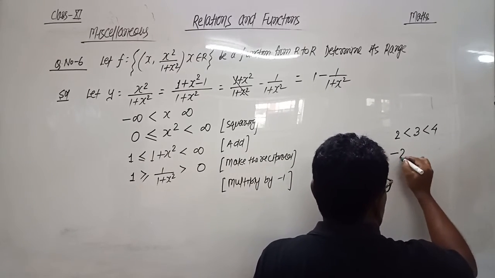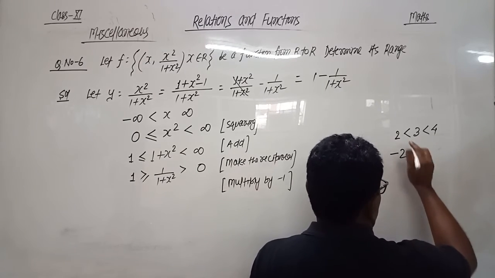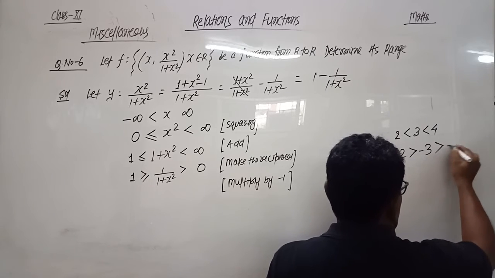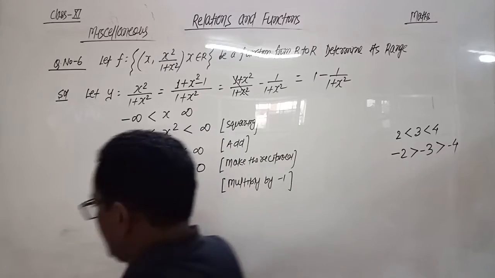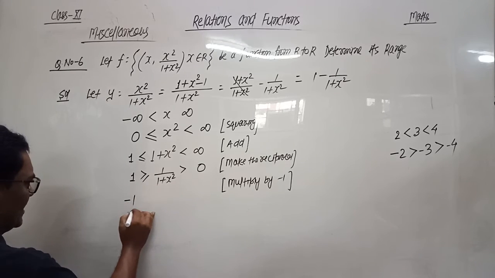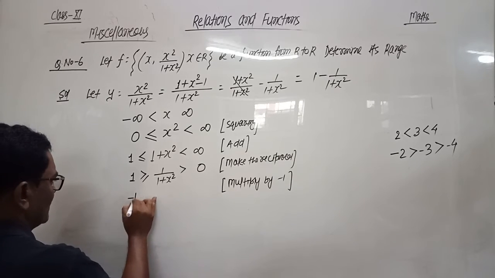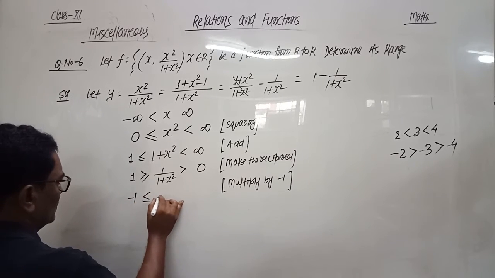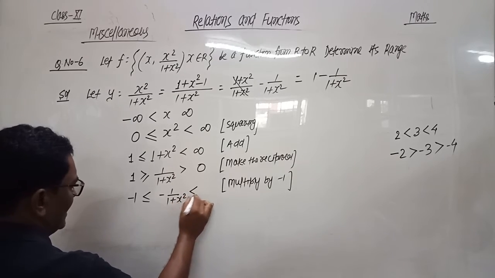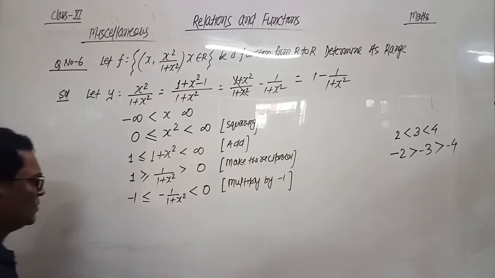When we multiply by minus 1, the sign of inequality gets changed: minus 2 becomes greater than minus 3, which is greater than minus 4. So it becomes minus 1 is less than or equal to minus 1 upon 1 plus x squared, which is less than minus 1 multiplied by 0, which gives 0.